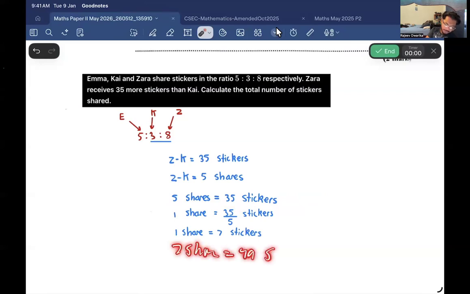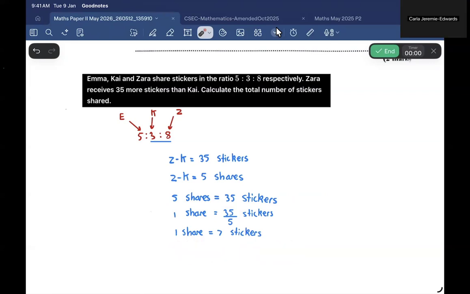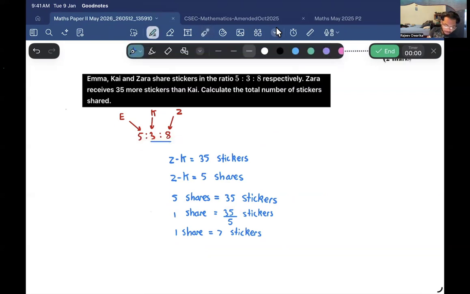So that'll be 49 stickers, you understand? Yes, sir. So with these questions, you had to find for 1 share first. Because once you know what 1 share is, you can find for 5 shares, 3 shares, 8 shares. So, tell me, altogether, Carla, how much shares we have altogether?